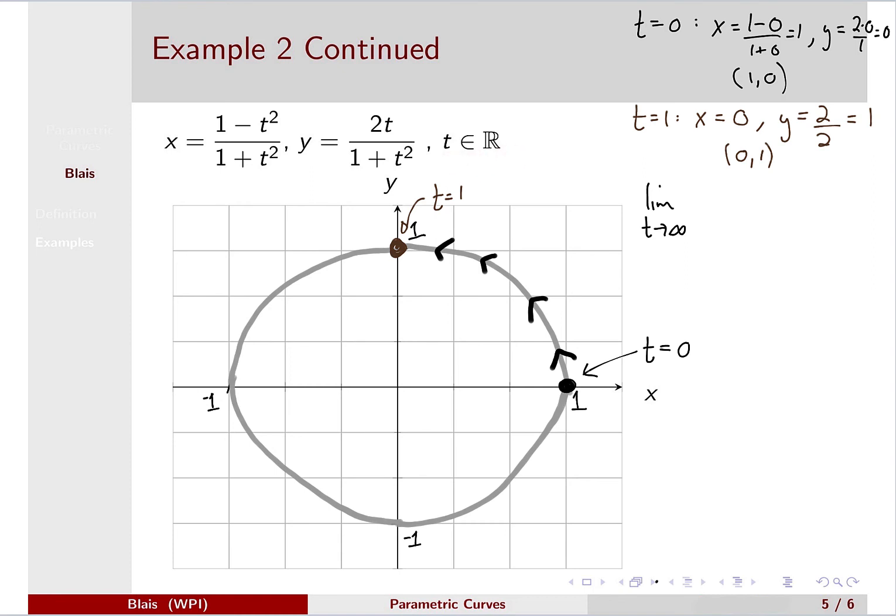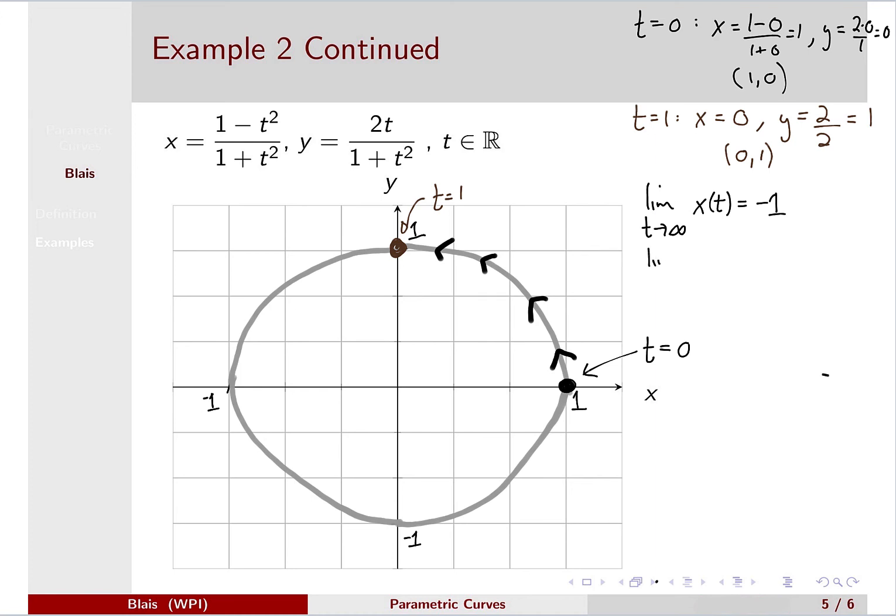As t goes to infinity, we see from our knowledge of limits that because we have the dominant term in the numerator of negative t squared, and the dominant term in the denominator of t squared, we know the limit of x of t is negative 1.